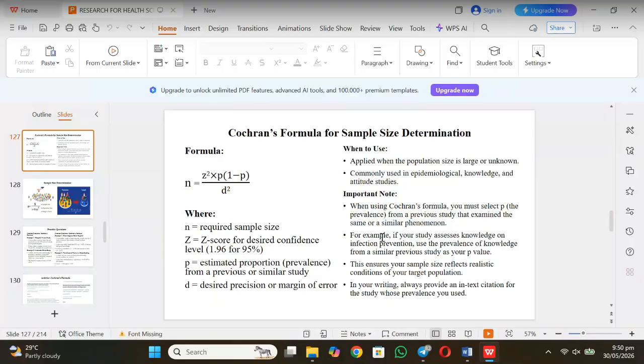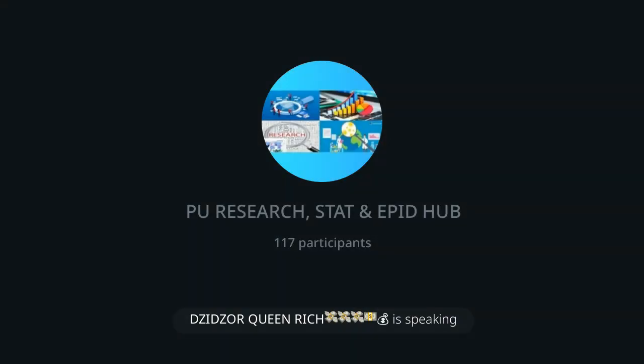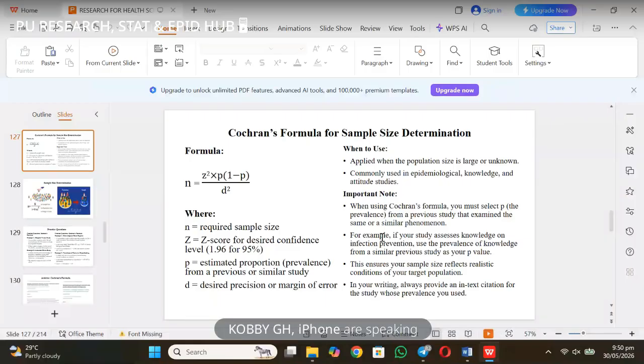Sir, please, you didn't give the D. Oh, the D, from the confidence level you should know the D. You've forgotten I explained. The D, the significance, you should know it from the confidence level. If we tell you the confidence level is 98, the significance is 0.02. So it's not all the time.